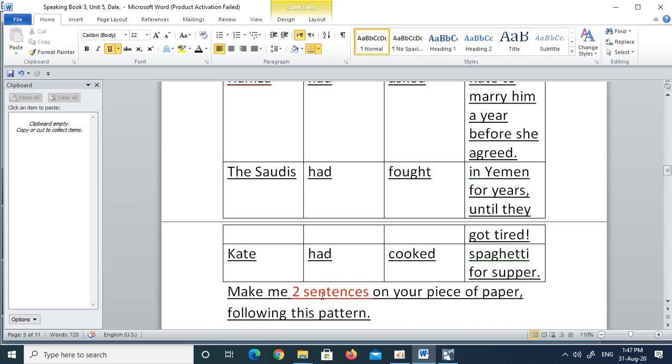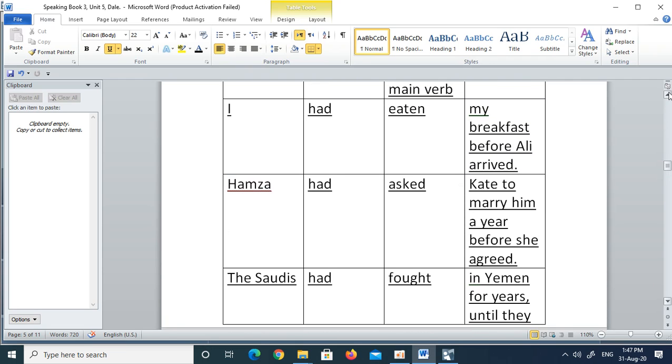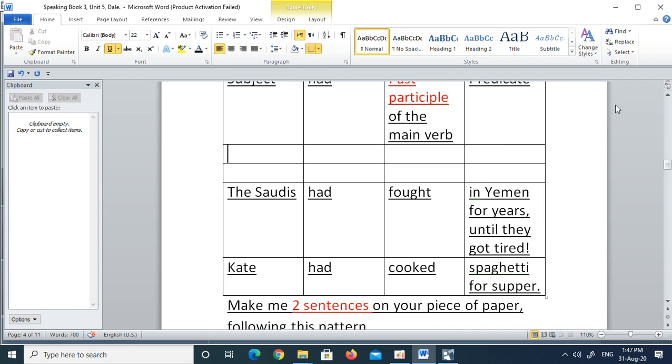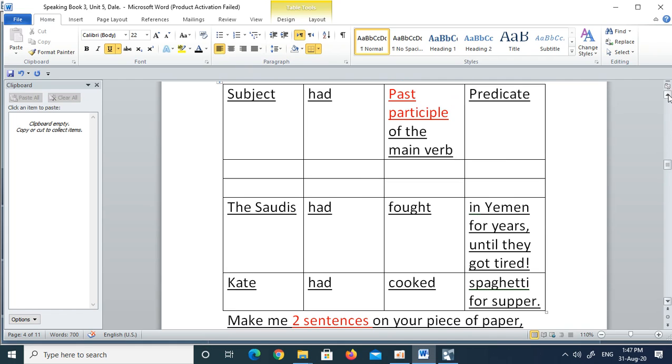Now, on your piece of paper, I need you to make me 2 sentences following this pattern. So please get your pen and paper, and I want you to make me 2 sentences following this pattern.